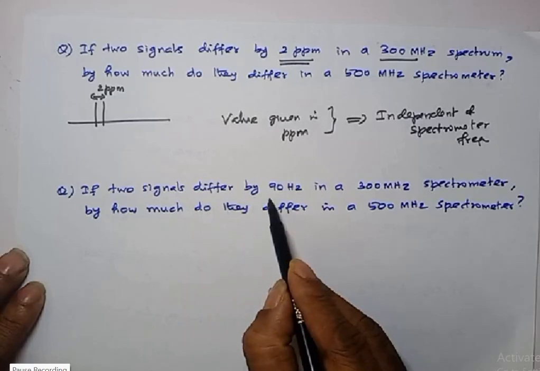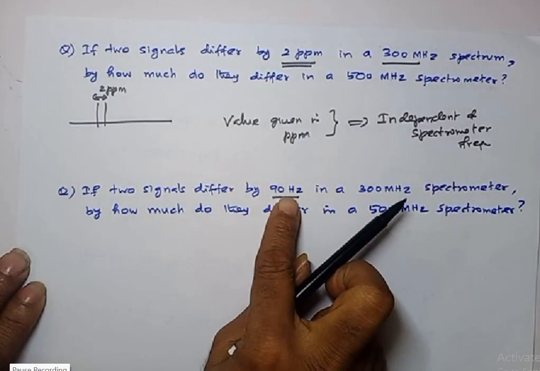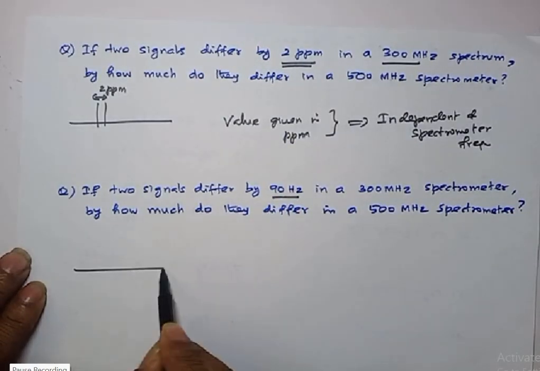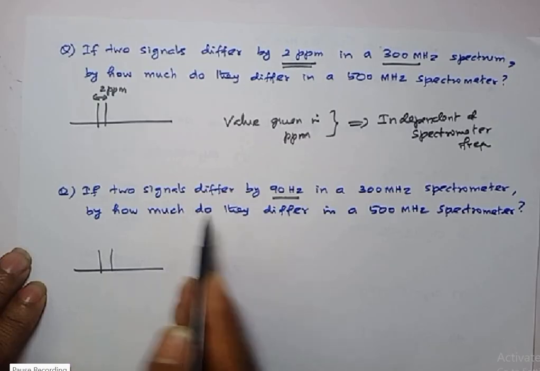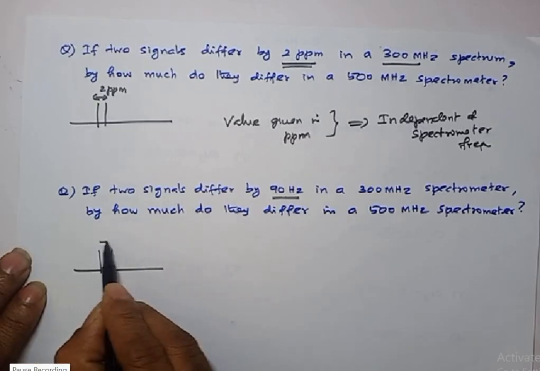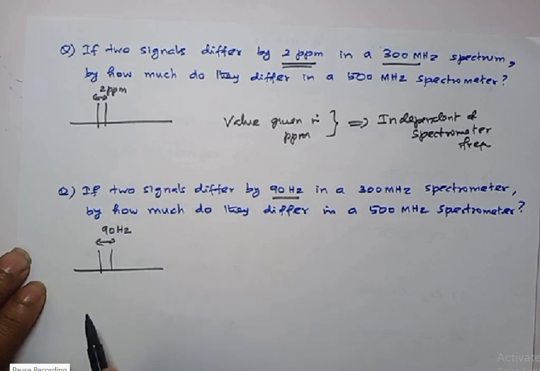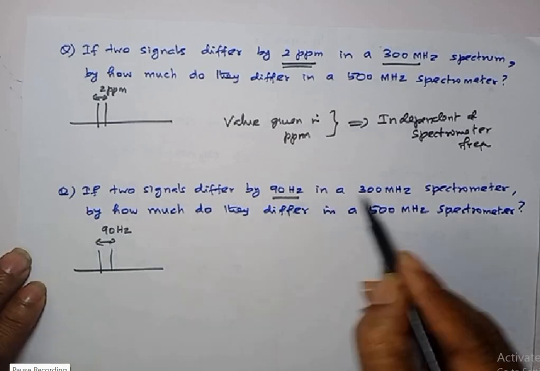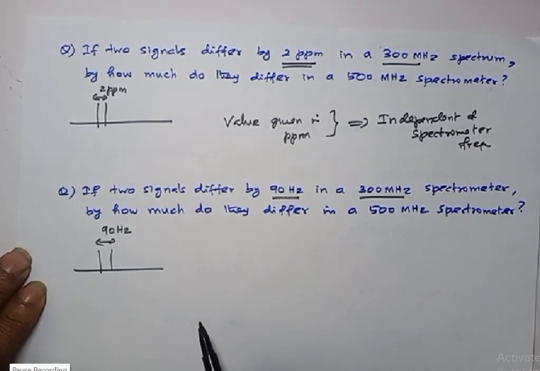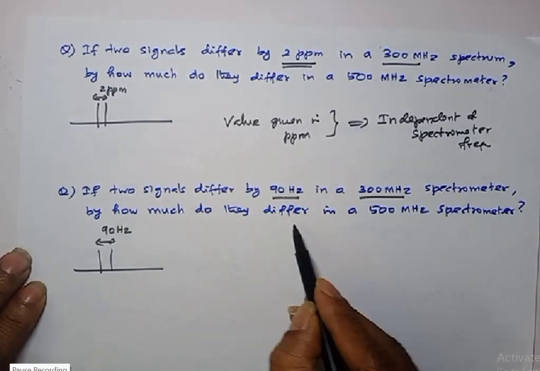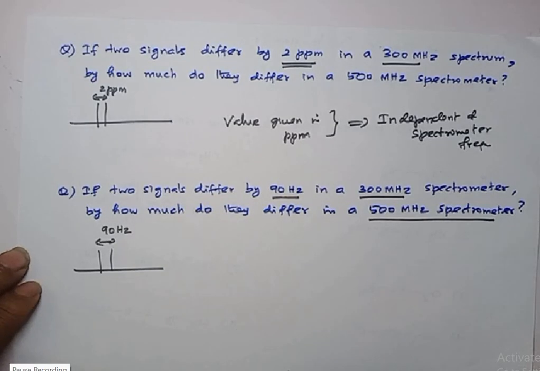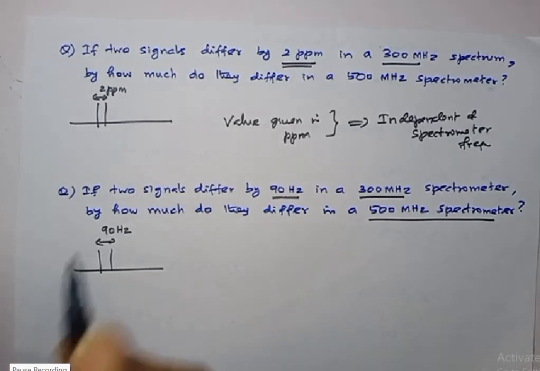If two signals differ by 90 hertz, see, now it is given in frequency. Now we have two signals from TMS. The gap between the two signals is given as 90 hertz now. We get 90 hertz in a 300 megahertz spectrometer. By how much do they differ in a 500 megahertz spectrometer? Observe carefully.